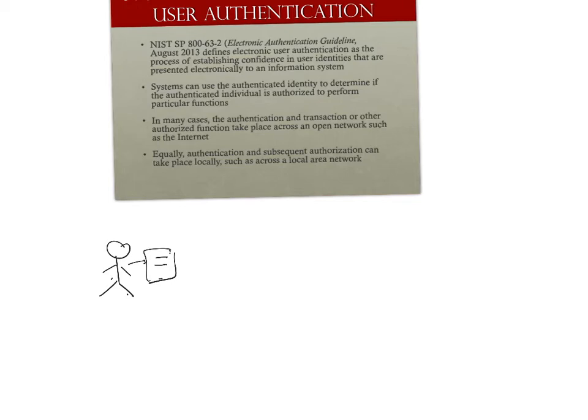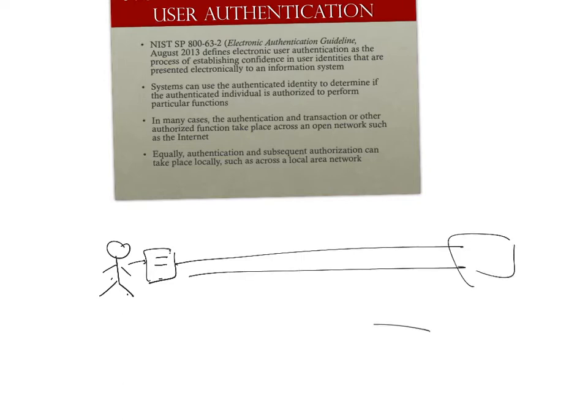We can, in fact, exchange the password in simple text because we are not sending this password across a distributed system. If we send these credentials, the user ID and password, across the internet or across an open channel, then the eavesdropper might in fact listen to this and capture the user ID and password. So as you can imagine, user authentication done locally or in a private network means a local area network which is private.